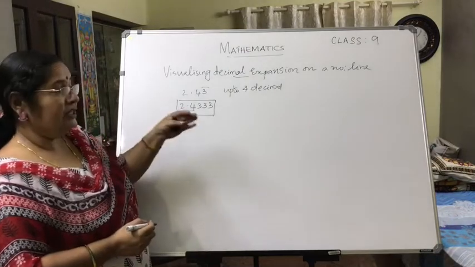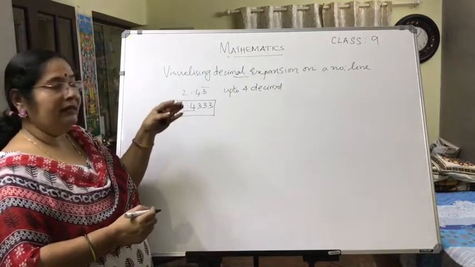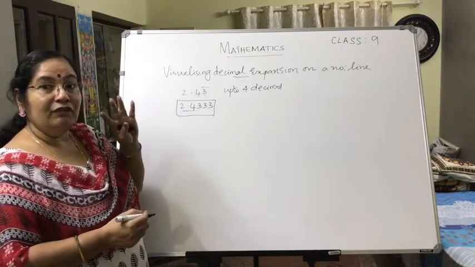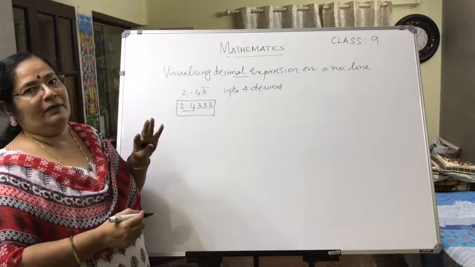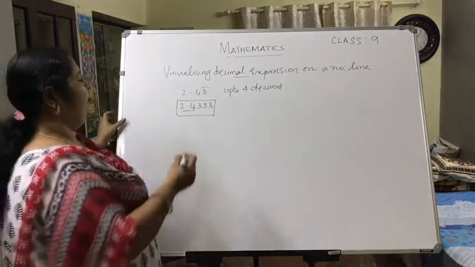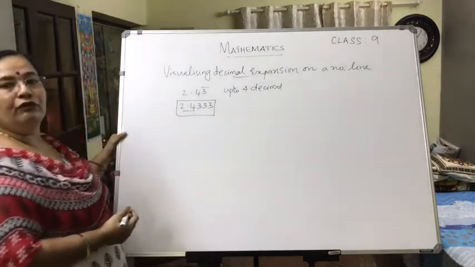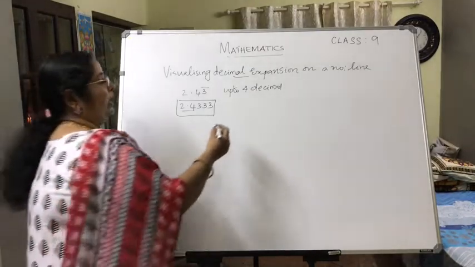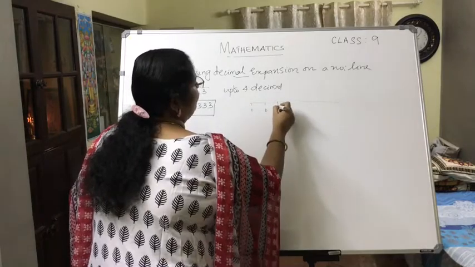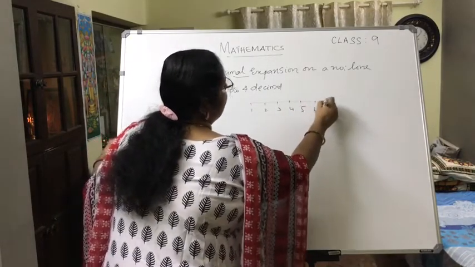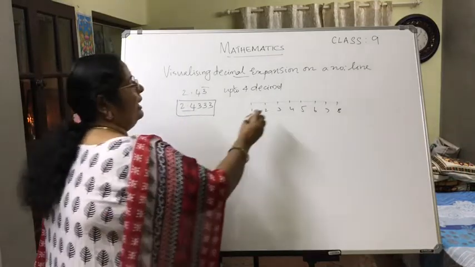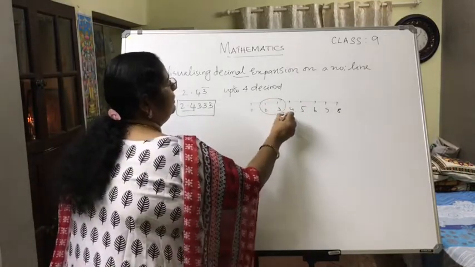So in which number line will you get your representation? In the 5th number line. So let us try doing it. 2.4 will lie between 2 and 3. So on the first number line you have 1, 2, 3, 4, 5, 6, 7, 8, and it goes on. Here 2.4 lies between 2 and 3.